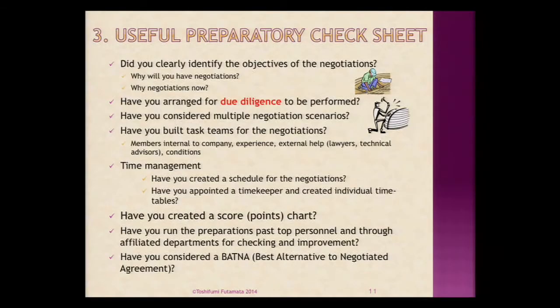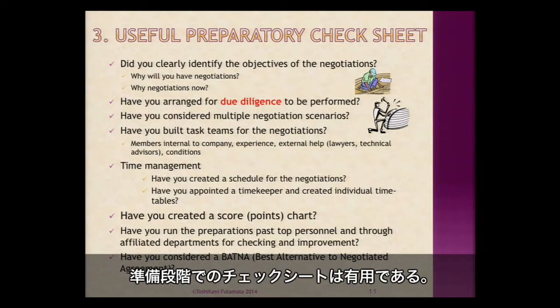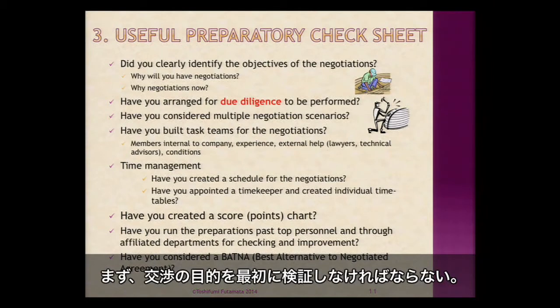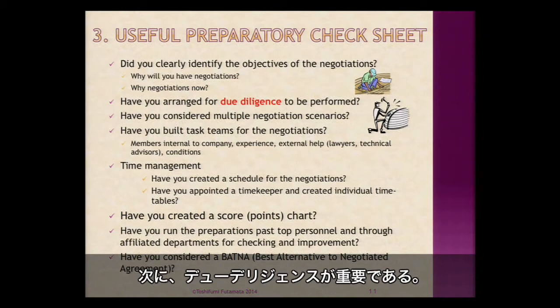Useful preparatory check sheet. A check sheet during the preparation stage is useful. My check sheet is something like this. At the beginning, you must verify the reason for conducting the negotiation. Next, it is important to conduct due diligence.